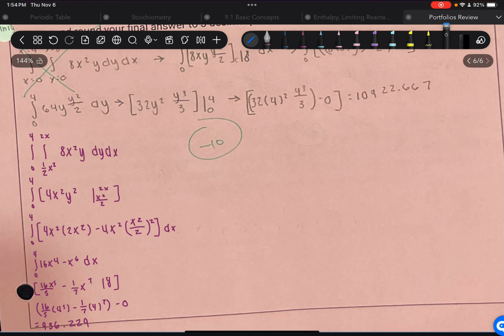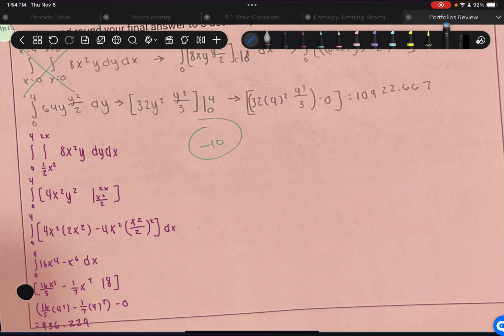So I try to integrate properly and work through that, and then plug in my values and solve for that. And then I reintegrated and plugged in those values, and then I got my final answer.